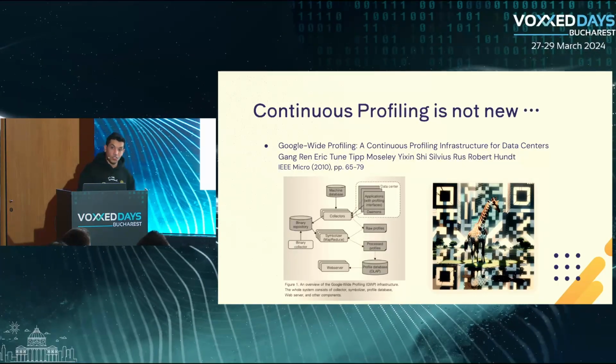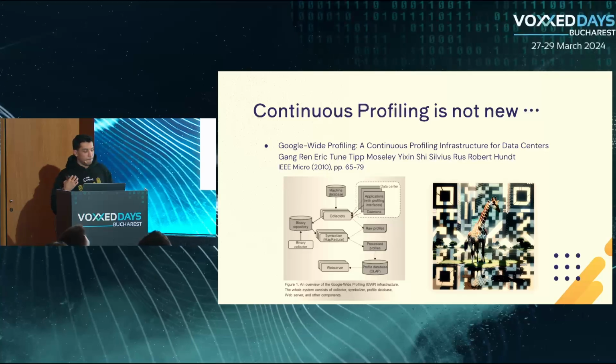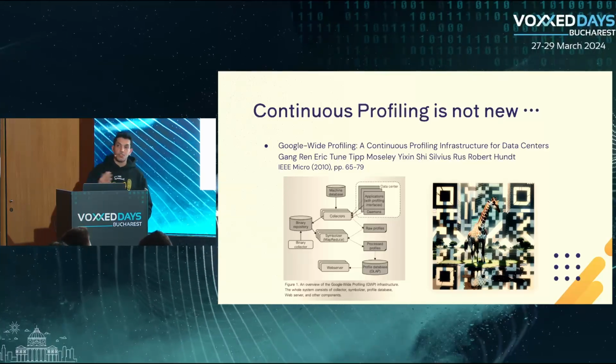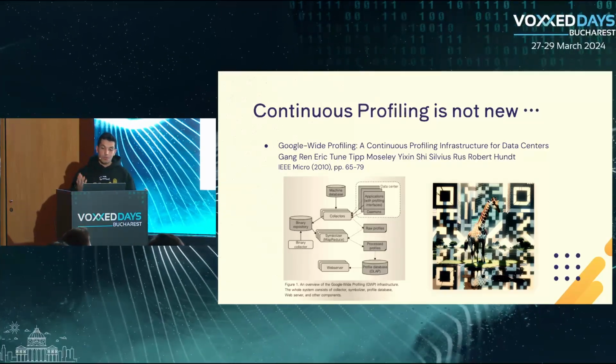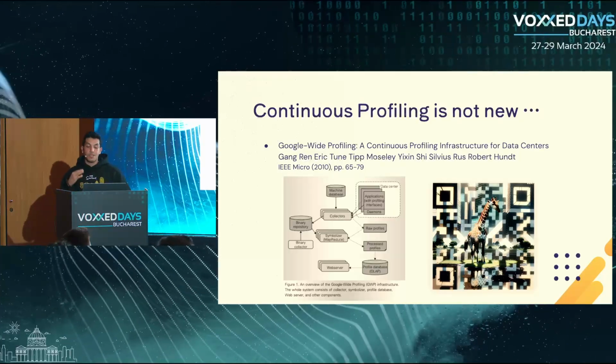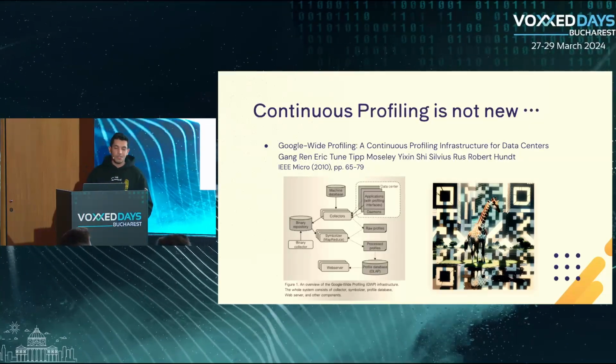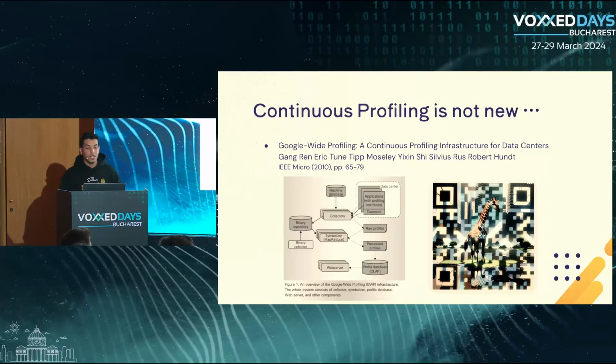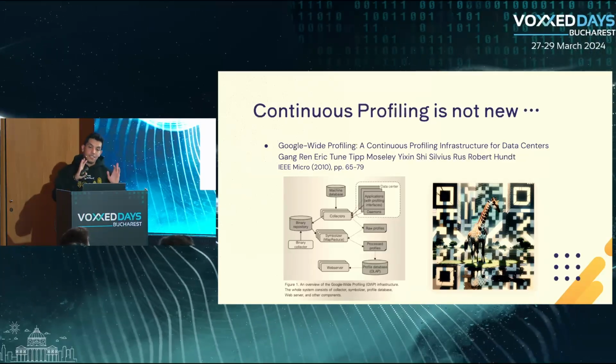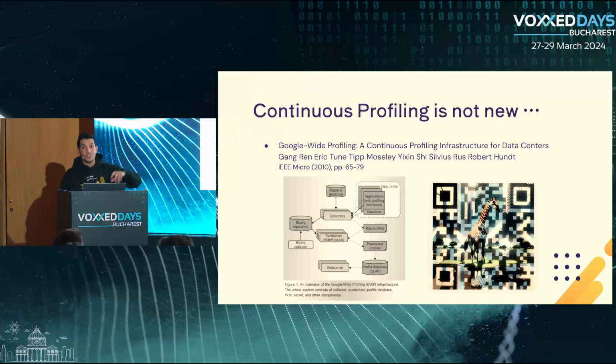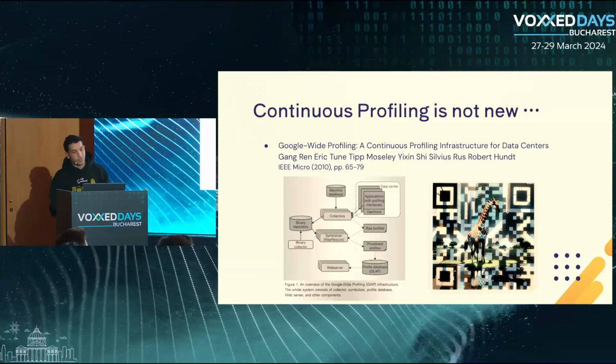I mentioned it's not new, because the first paper that was shared on continuous profiling, and the term itself, came from a 2010 paper from Google engineers. That's a valid QR code if you want to read the original paper.